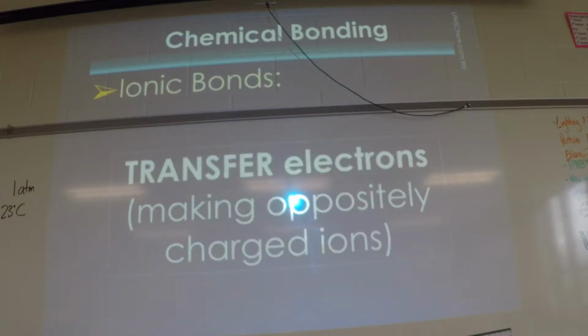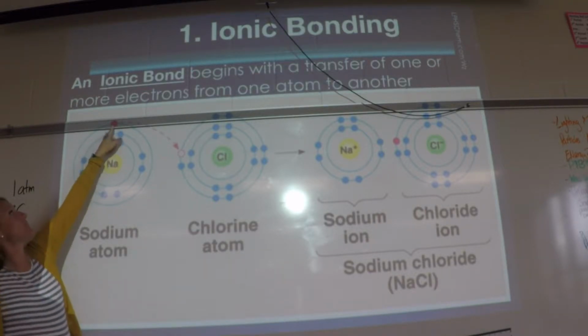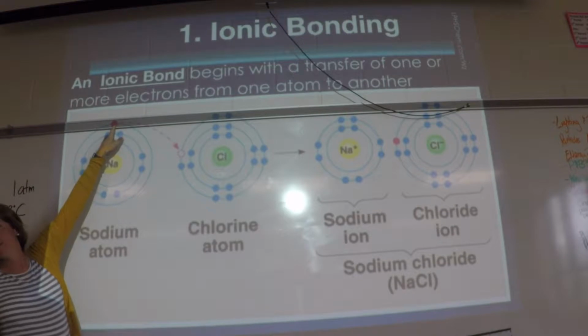Our first type of bond is an ionic bond. Ionic bonds are a transfer of electrons. Transfer of electrons is what makes something an ionic bond. Imagine this with me. I have a sodium atom. Everyone look at this picture with me. This sodium atom has 1 valence electron.